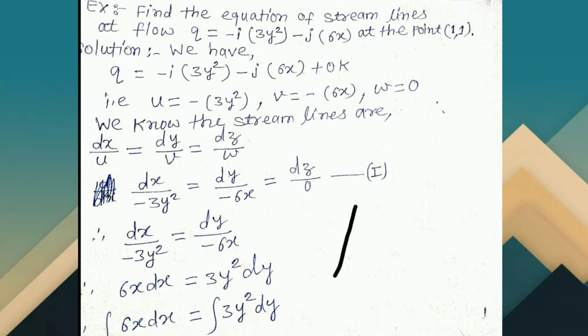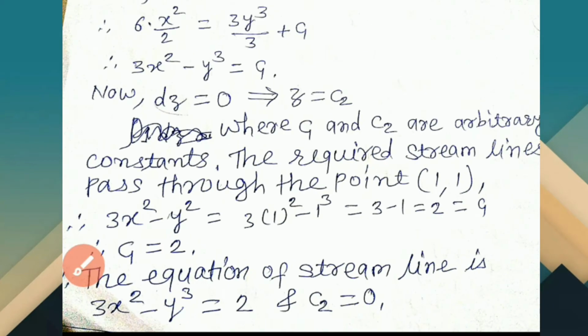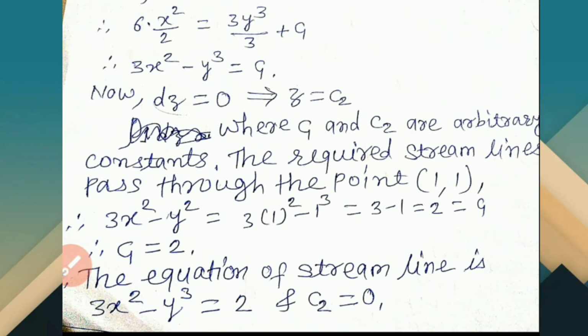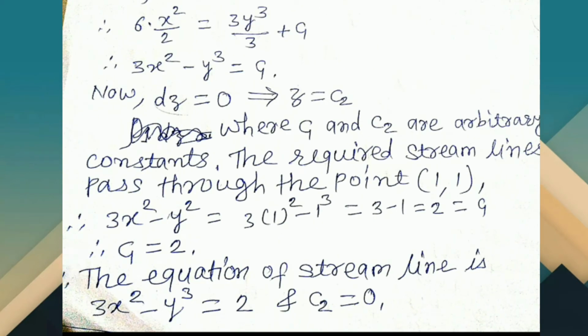So integration of 6x dx is equal to integration of 3y square dy. What is the integration of this? We get 6 into x square by 2 is equal to 3y cube upon 3 plus integration constant c1. So we get 3x square minus y cube is equal to c1.